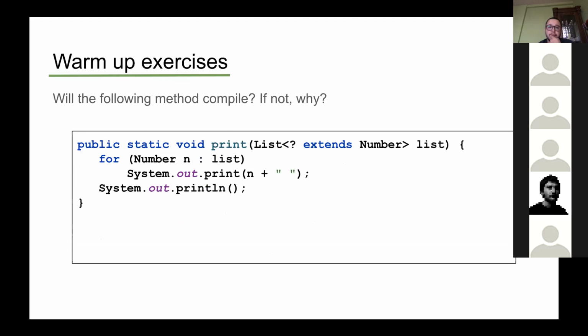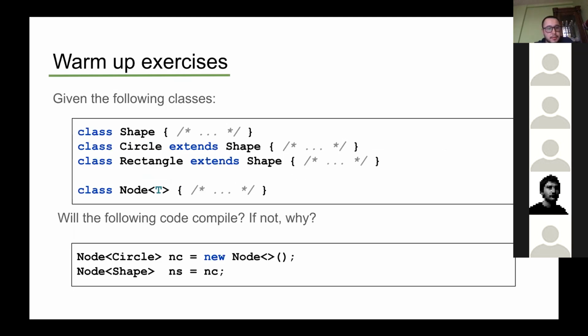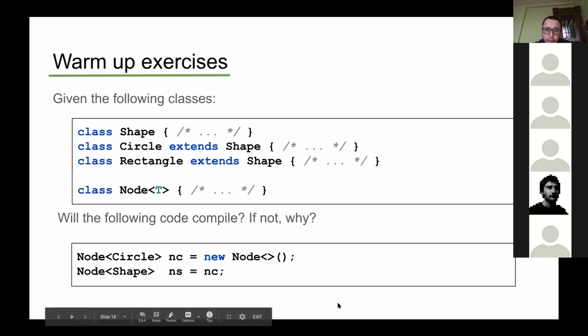So list of integer would inherit number. Yes. So if we repeat the same previous code with this, if we say instead of node t, node question mark extends shape, and then we say node circle and node shape, this would work. It should work. Now let's see.